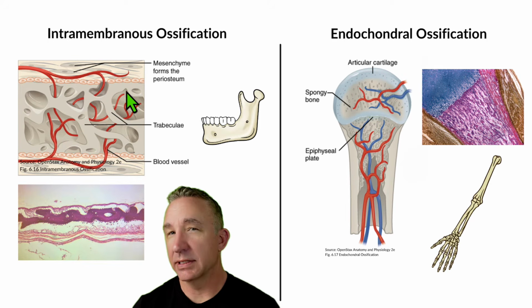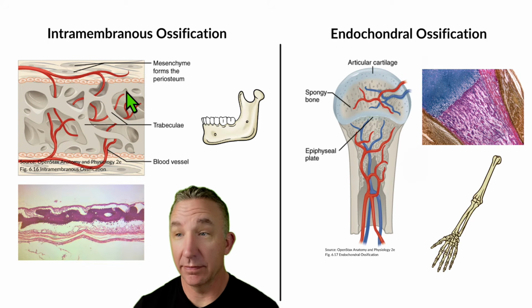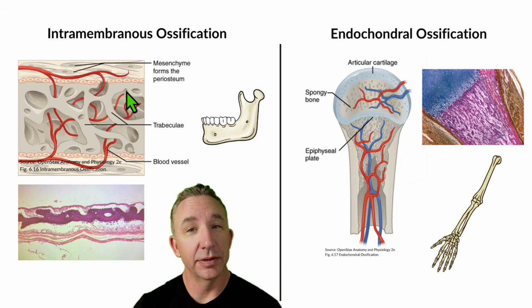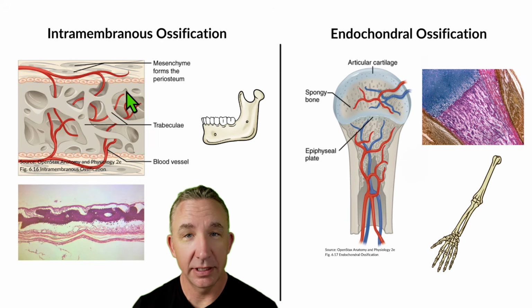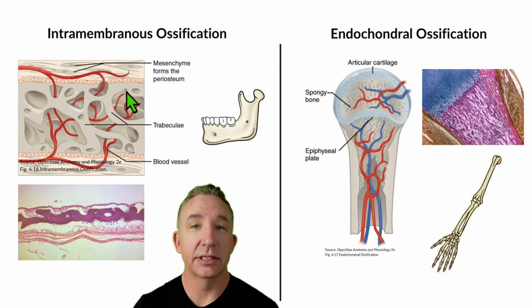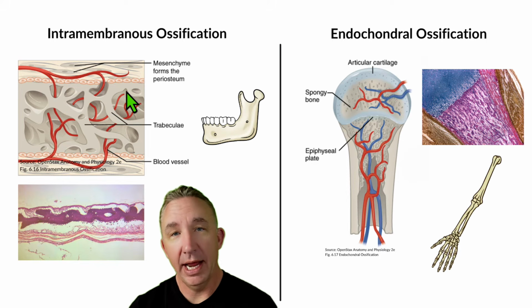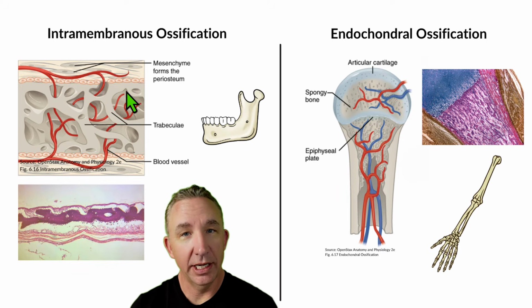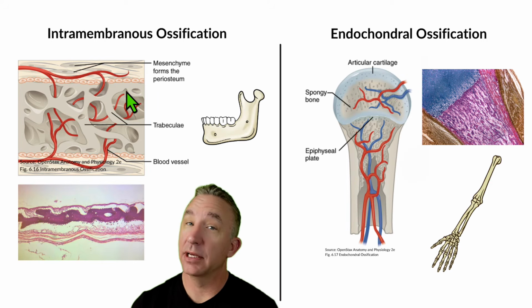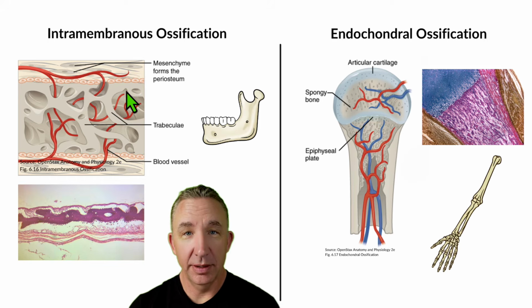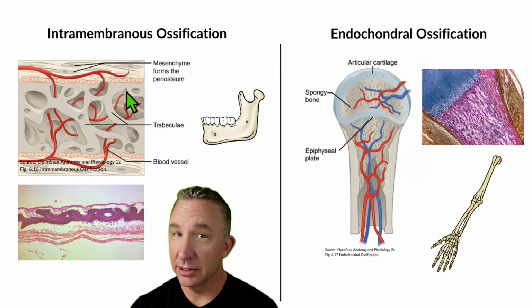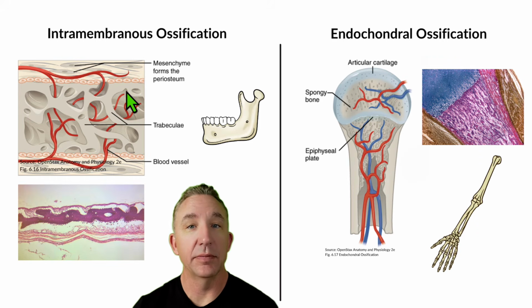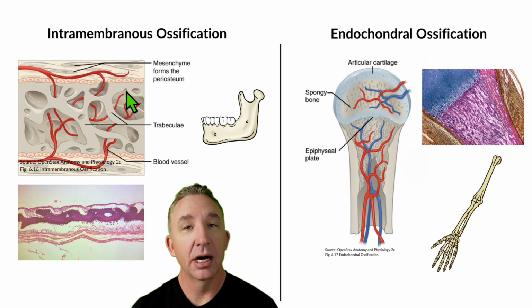We call it intramembranous ossification, within membranes, and we'll talk about those membranes, but it's referring to these types of dermal bones, a simpler process of bone development, versus endochondral, which is within cartilage, and specifically hyaline cartilage that we use as a model. When we talk about ossification, the actual definition is taking one tissue and replacing it with another. In intramembranous, we take mesenchymal tissue and turn it into bone, and we use the cells that make bone, osteoblasts, and then our osteocytes to maintain it.